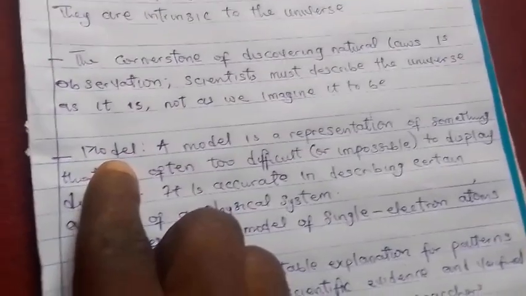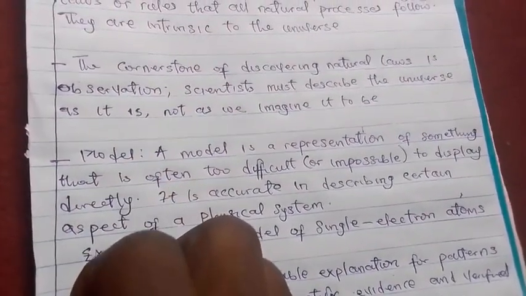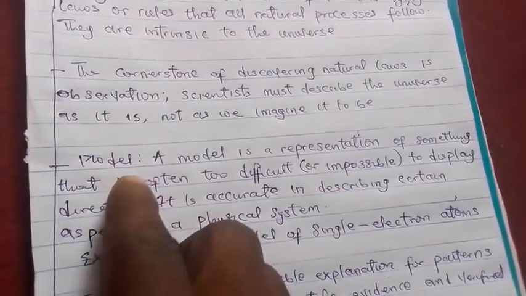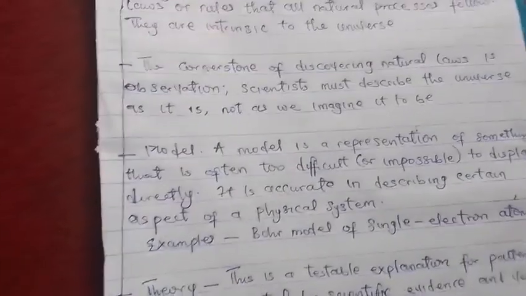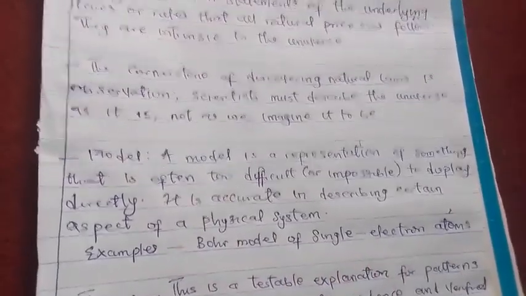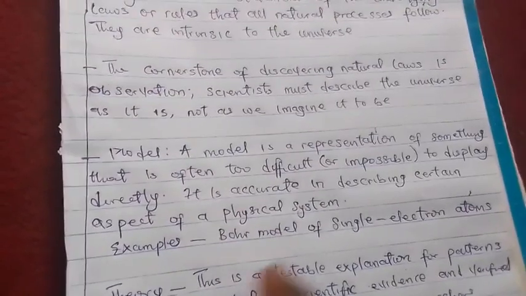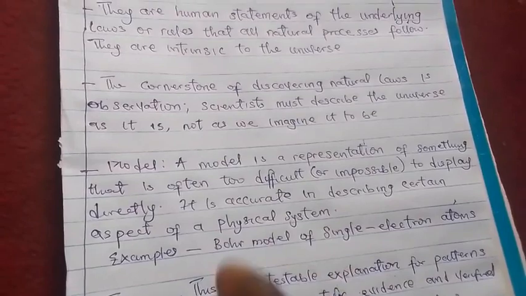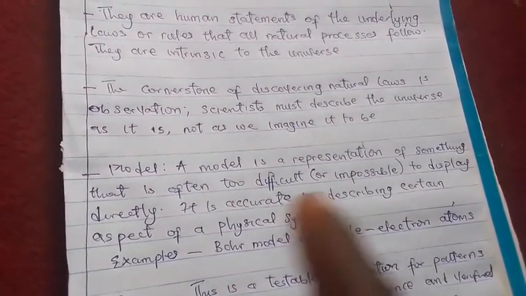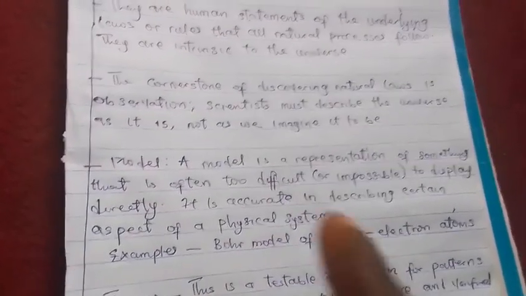Now, when we are talking of a model, what is a model? A model is more or less a mental picture. A model is not a real theory, it's not a law per se. For example, look at the Bohr model of single electron atoms. It's not as if anybody has seen an electron before, but that model uses the idea of the revolution of the electron around the nucleus of an atom.